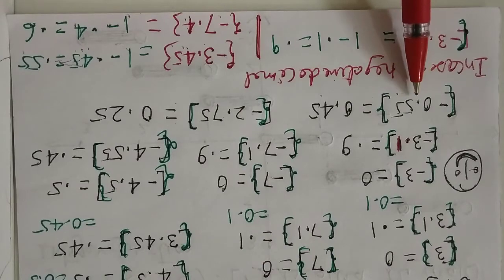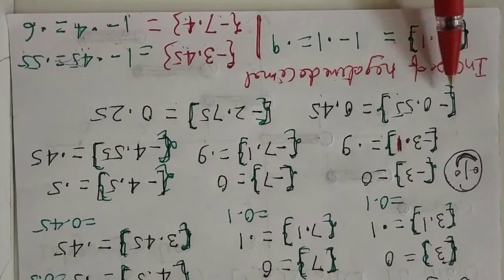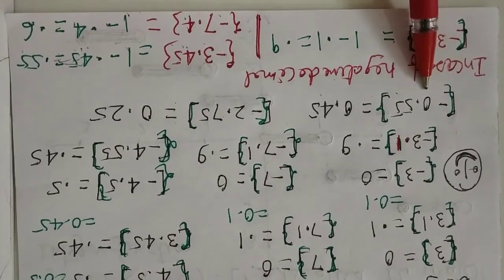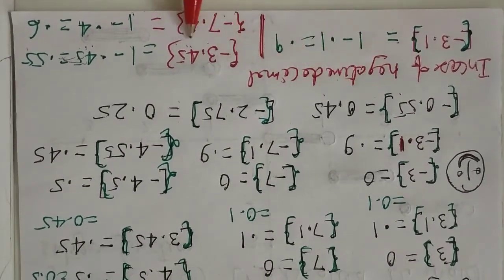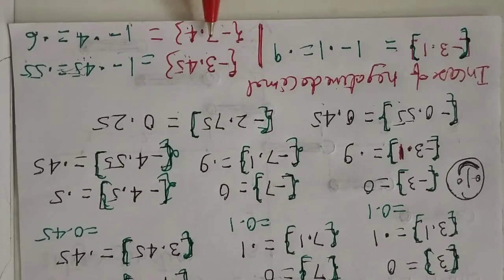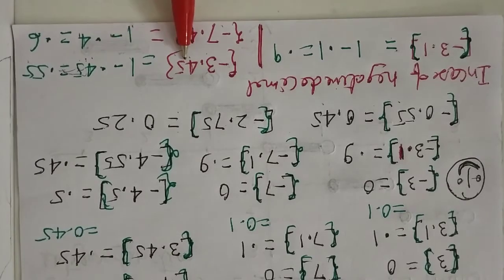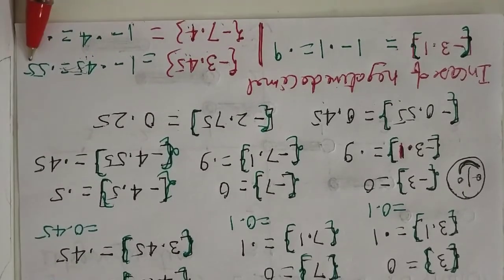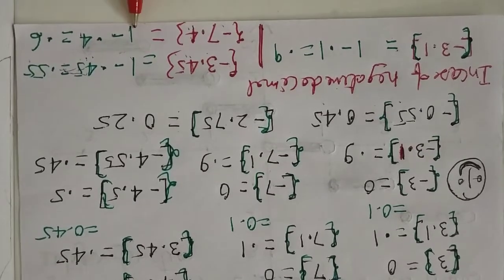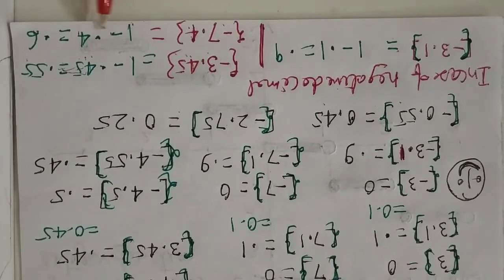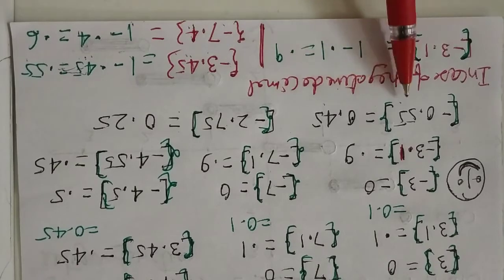Likewise, to find the fractional part of -0.55, subtract 0.55 from 1, and 0.45 will come. Just see here: the fractional part of -3.45, subtract 0.45 from 1, this is 0.55. For -7.4, 1 minus 0.4 is 0.6.